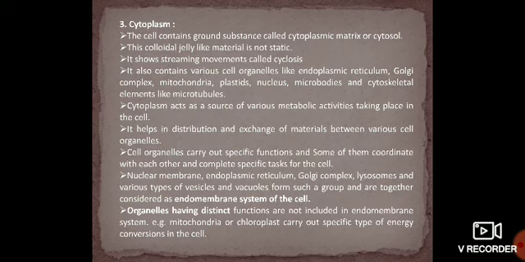And there are also some organelles which function distinctly and are not included in the endomembrane system, like mitochondria, which perform a specific function as they are called the powerhouse of the cell, which produces energy, ATP. Chloroplast is another organelle which carries out photosynthesis only in the plant cell. So here are some organelles which are distinctly performing their function.